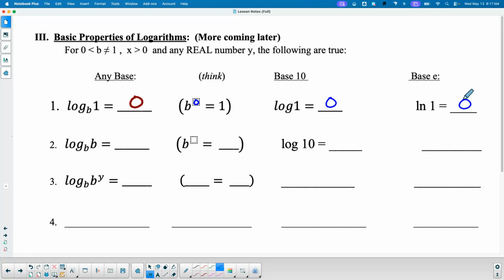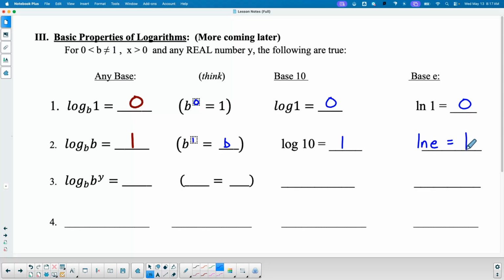Or if the argument is the base, log base b of b is equal to 1. So log base 10 of 10 is equal to 1. Natural log of e is equal to 1.